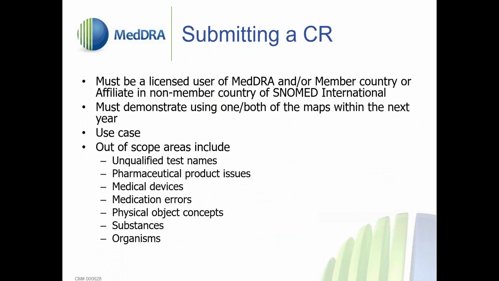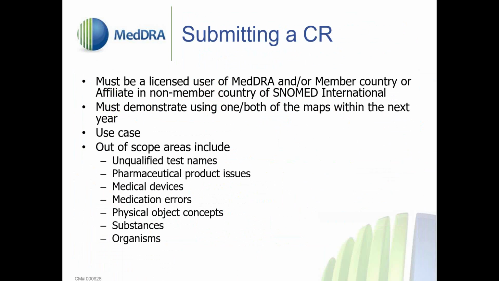Simply requesting that we expand the map to add an entire HLT or an entire category within SNOMED CT will not be accepted as a change request. So it's important that you give us the information that you have regarding why you need to expand the map in this way.